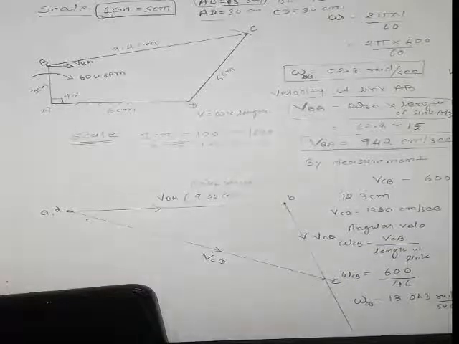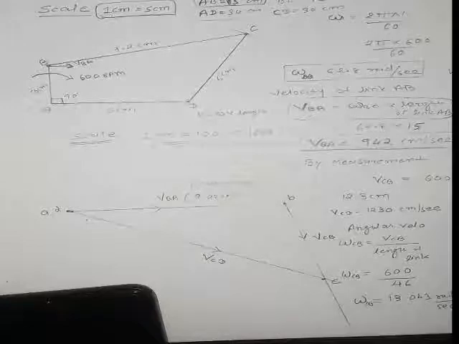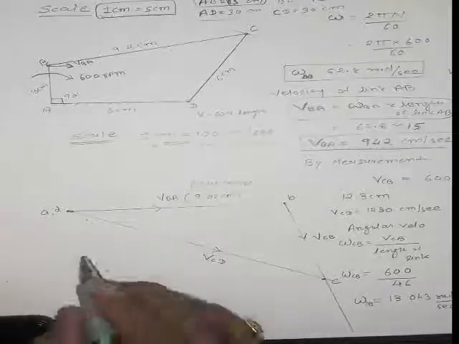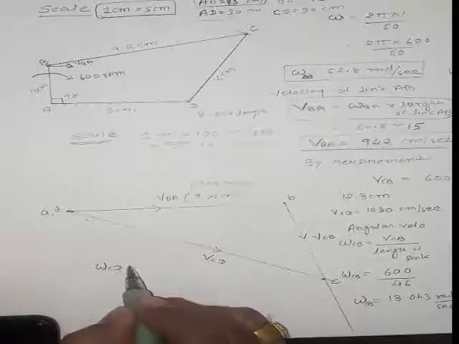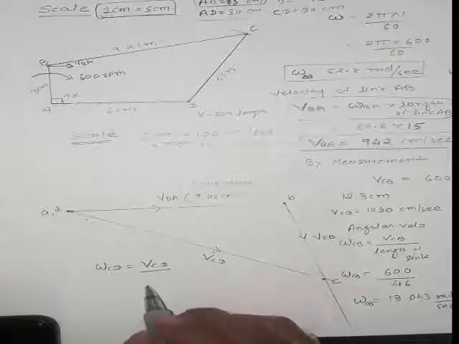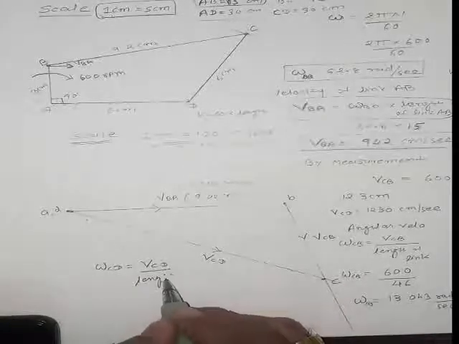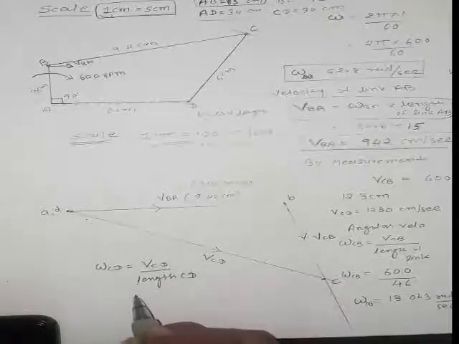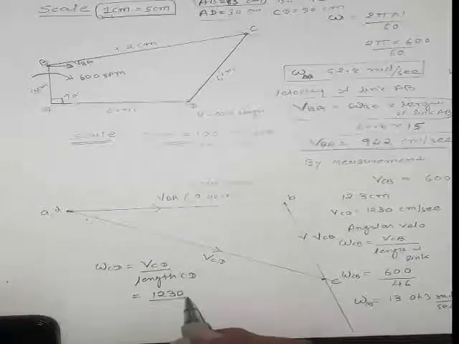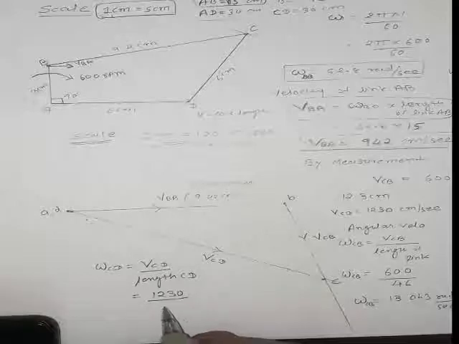Okay, now next we have to find omega CD, right? So here we have a space over here. Omega CD is equal to VCD upon length of the link CD, right? So what is VCD? That is 1230 divided by what is the length of CD?